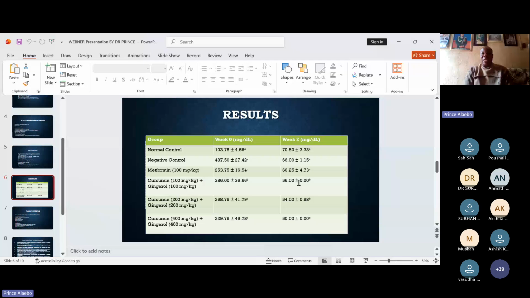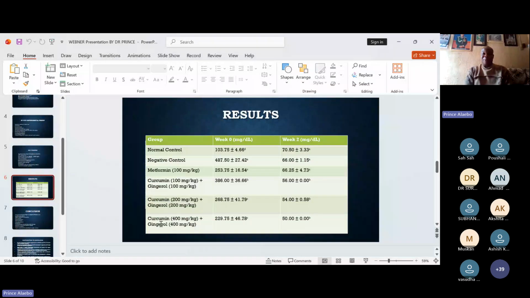You see the reduction from 268.75 plus or minus 41.79 to 54.00 plus or minus 0.58. Look at the highest dose, which is curcumin 400 milligram and gingerol 400 milligram.